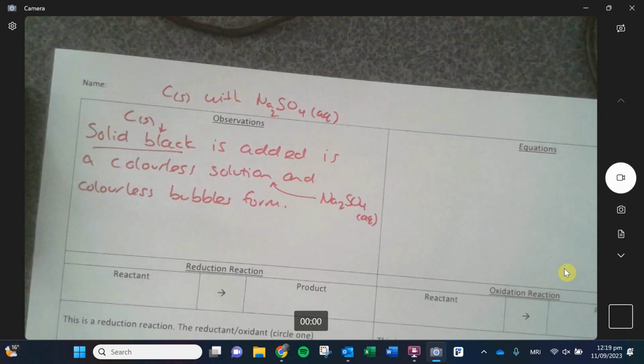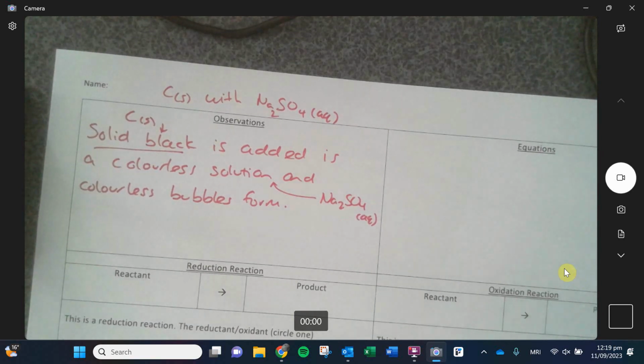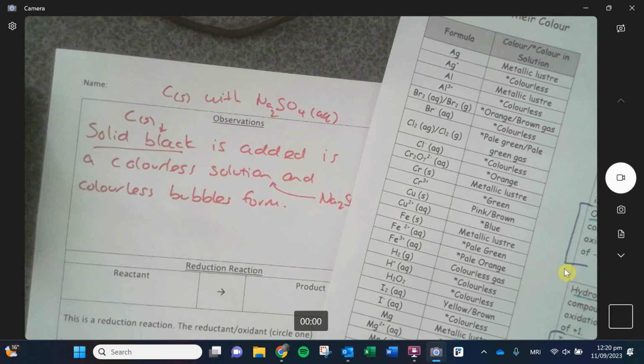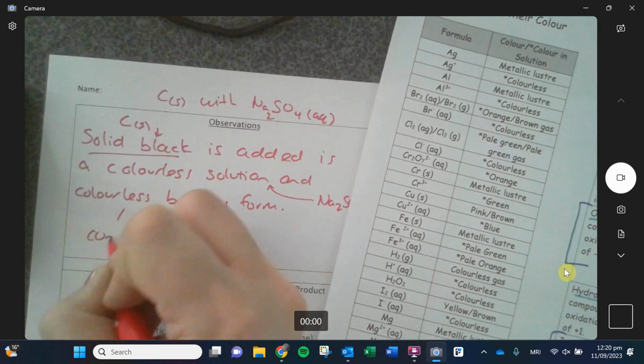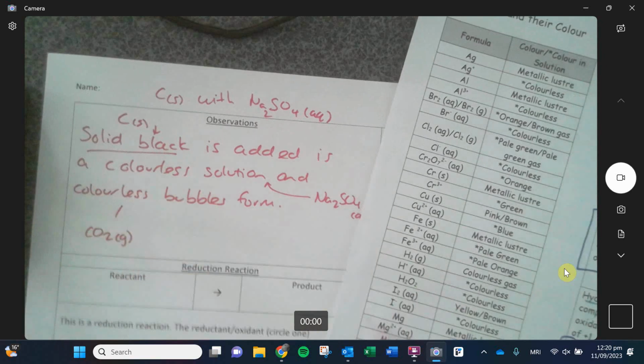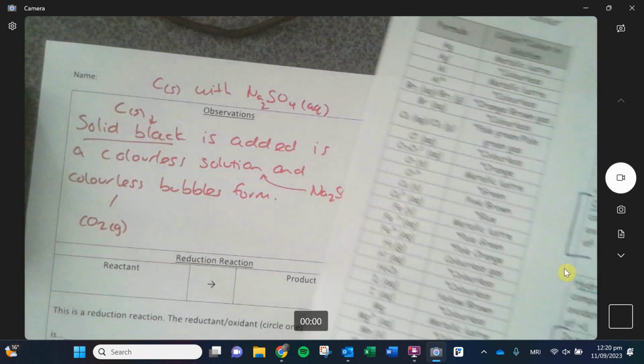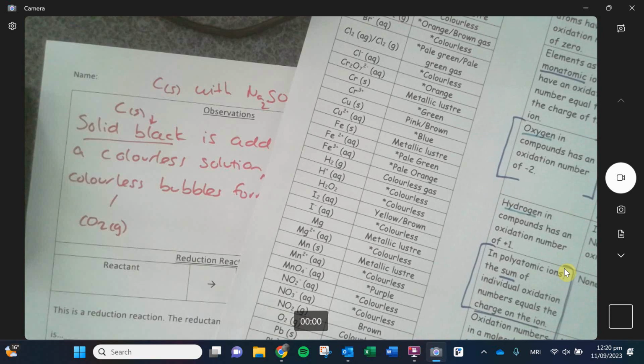In this example, we've told you the products, but in the actual assessment, we will not tell you the products. So carbon isn't on this list, unfortunately, but that is the bubbles. One of them is carbon dioxide. Now, when we're trying to decide if it's the sodium or the sulfate that's reacting, I don't think I put sodium on here either.